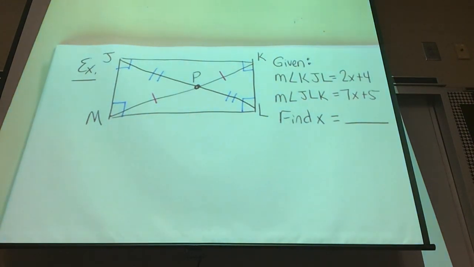Now, I also know, according to what they've told me in the given, that KJL. Where is KJL?